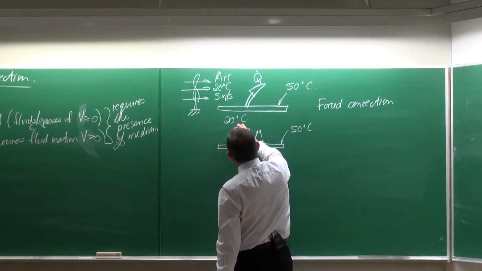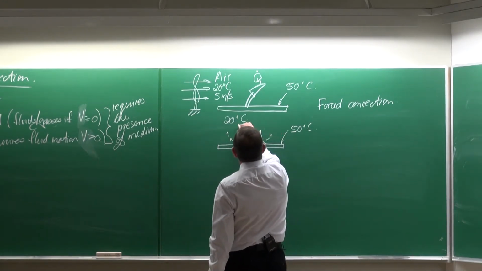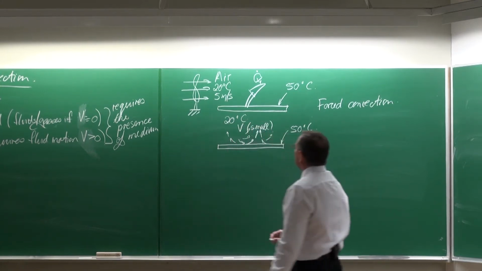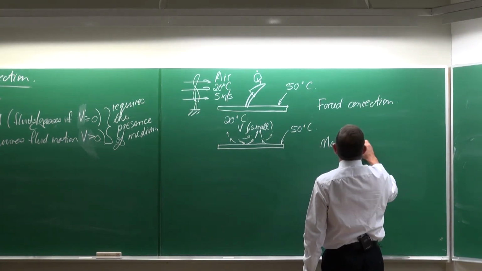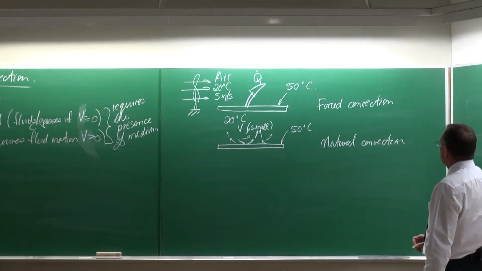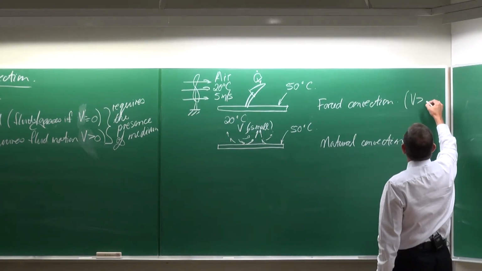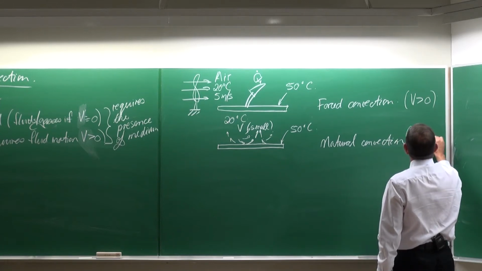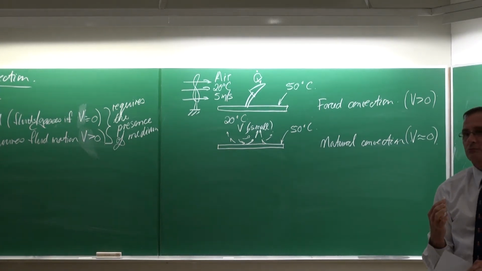So there will be a velocity at this flat plate. It would just be very, very small. So the velocities are small. And this we're going to call natural convection or free convection. So with forced convection, the velocities are quite large, and with free convection, almost zero, but not zero, just very small.